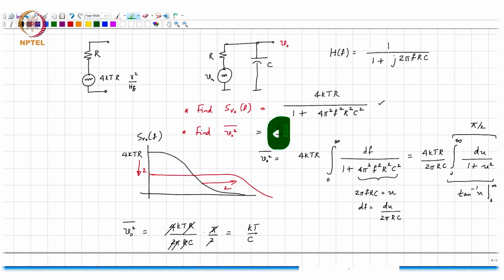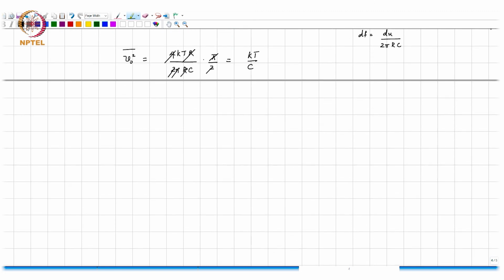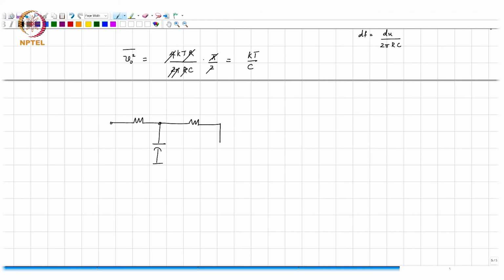Alright. So, now all of you look sufficiently bored about doing this. This is C1, this is C2, this is R1, this is R2, right?